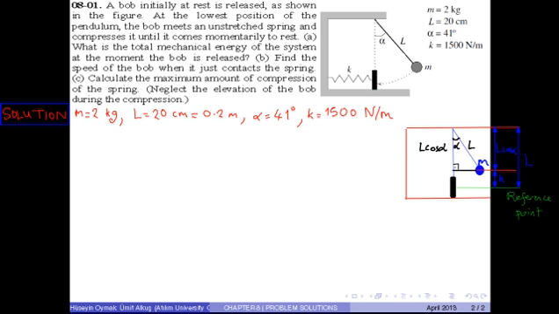To find the initial height of the bob, if we take the reference point as this point, from this geometry, the initial height of the bob is calculated to be h equals L minus L times cosine alpha, or L times (1 minus cosine alpha).